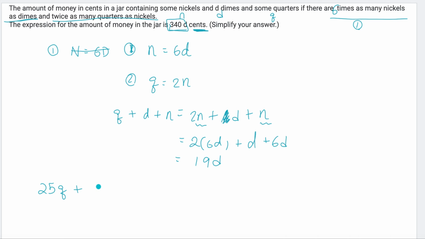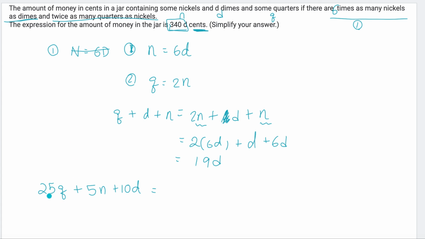And for nickels, each nickel has a value of 5 cents, times the number of nickels. So when you multiply them together, that's the amount of cents in nickels. And each dime is worth 10 cents, right? And that's times the number of dimes. So that's how much you have, right?